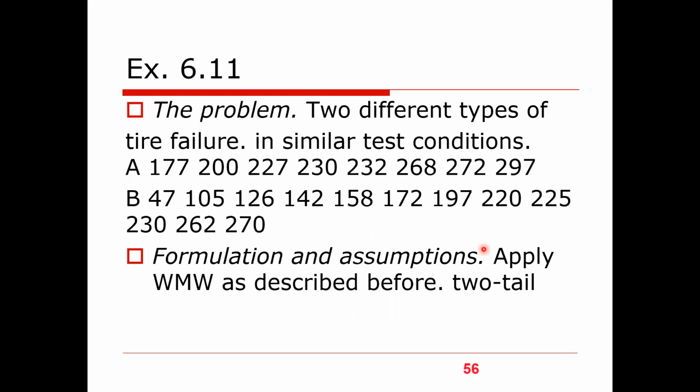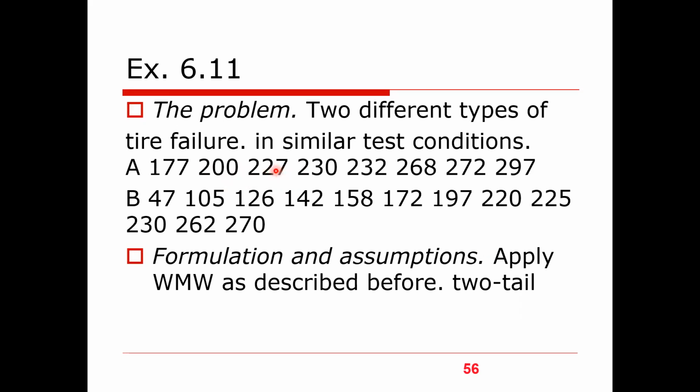So let's look at an example. Two types of tire failure under similar test conditions. These are the times to failure in minutes. Oh, sorry, the unit is hours. So how many hours till failure?